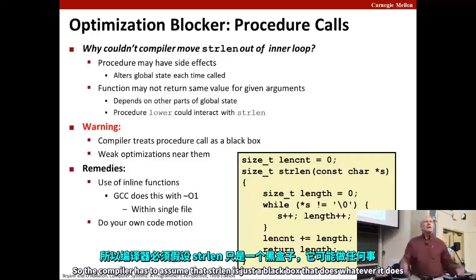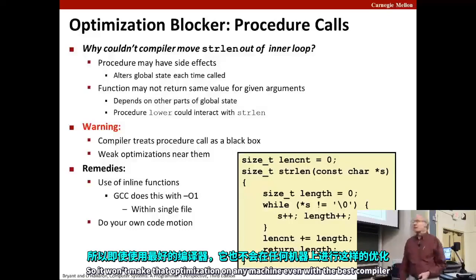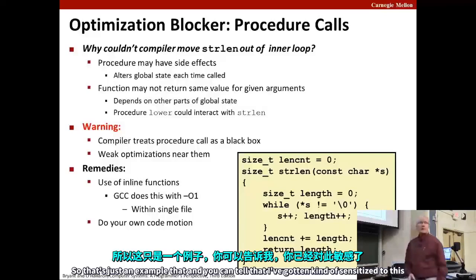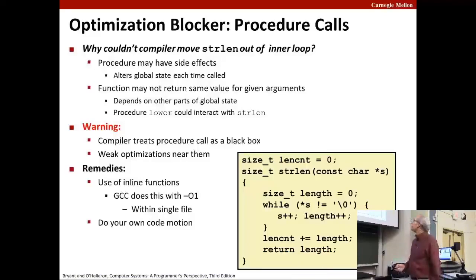So the compiler has to assume that strlen is just a black box that does whatever it does, and can't make any assumptions about what side effects it might have. So it won't make that optimization on any machine, even with the best compiler. That's just an example. You can tell I've gotten kind of sensitized to this so that I spot these, but a lot of people don't.